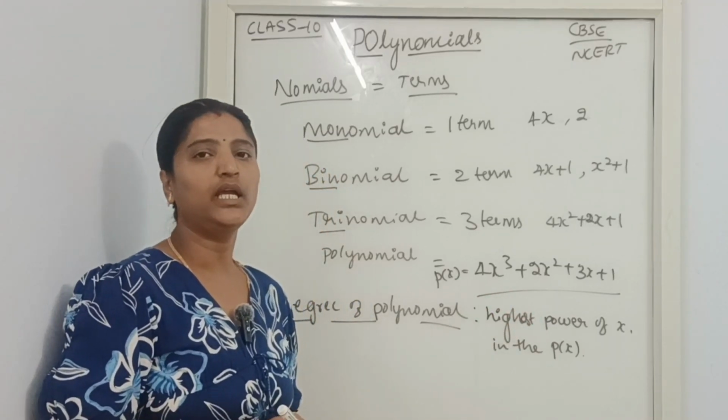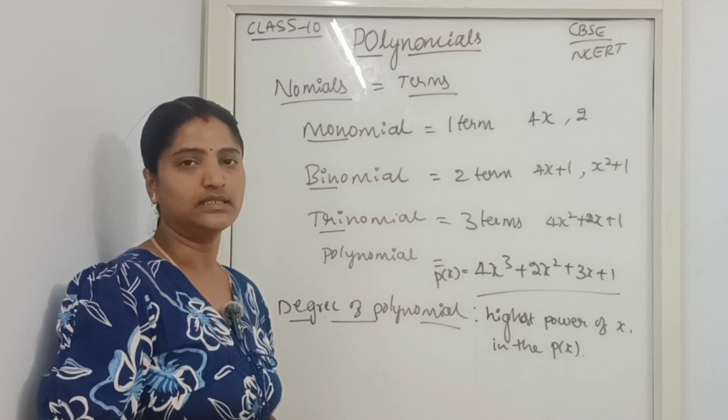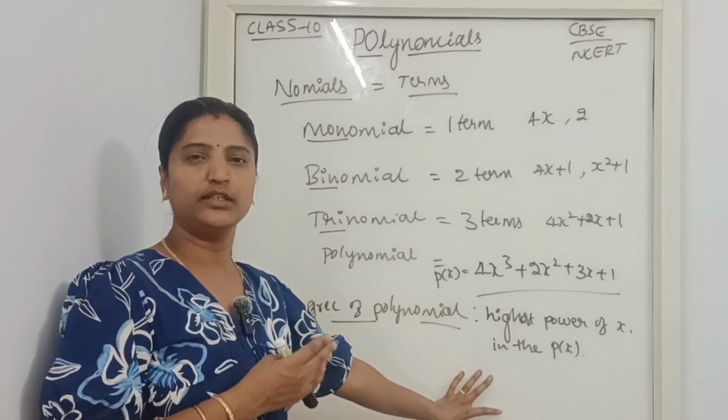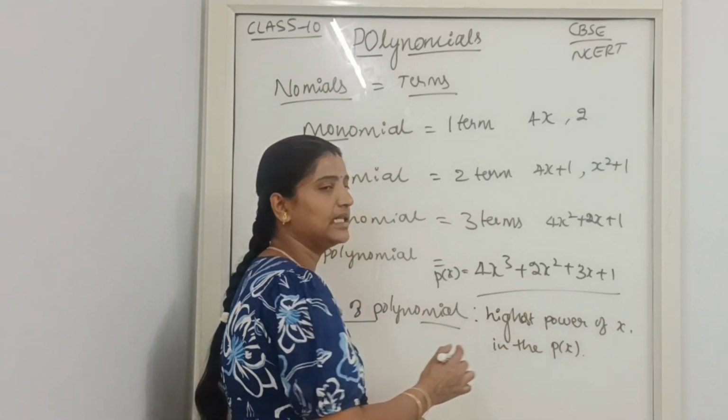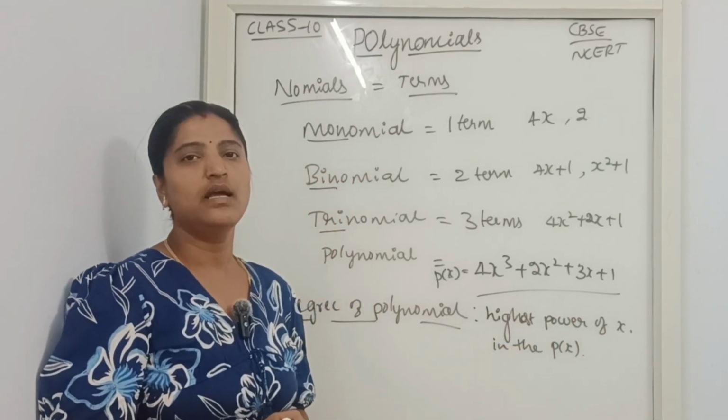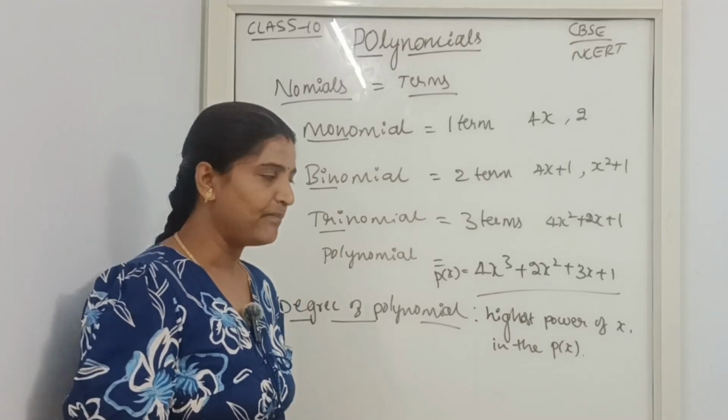The variable can be any alphabetical letter: x, y, z or u, whatever. Only the highest power of the variable in the given polynomial is called the degree of the polynomial.